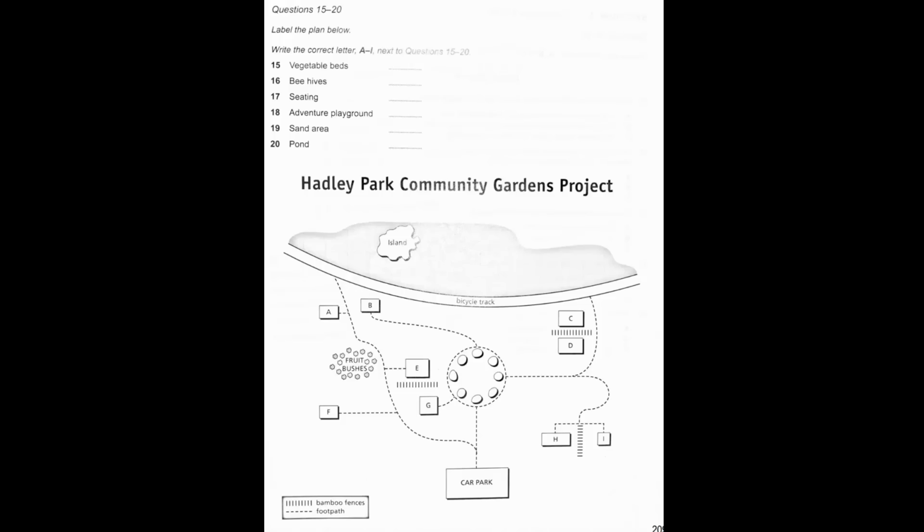Right, what else? Oh yes, the sand area. We've got that circular footpath in the middle. Find the track that goes east, towards the right-hand side of the plan, and where that track divides, you need the little path that goes up towards the bicycle track.